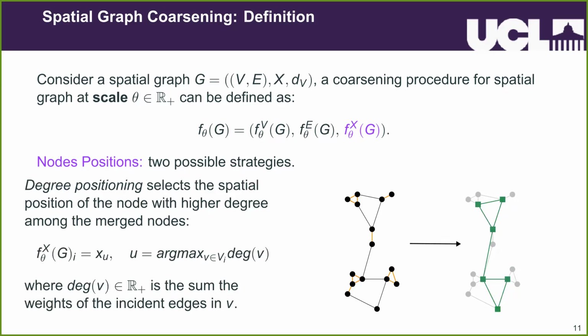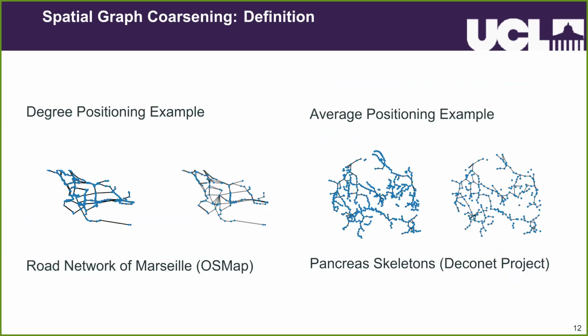The other strategy is to use what we can call degree positioning, which basically means that we're picking one of the original nodes, the one that has higher degree. There can be more than one node with the same degree. So there is not a good or a bad choice between the degree position and the average position. It really depends on the application.